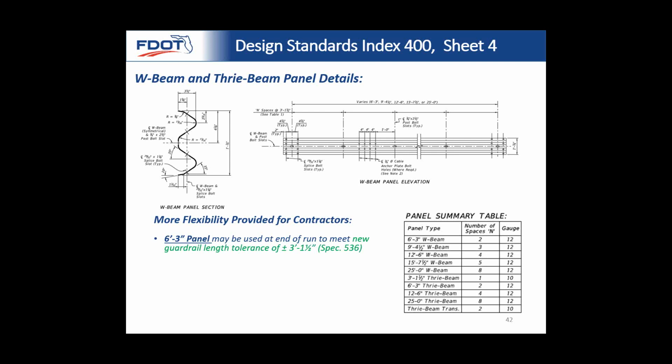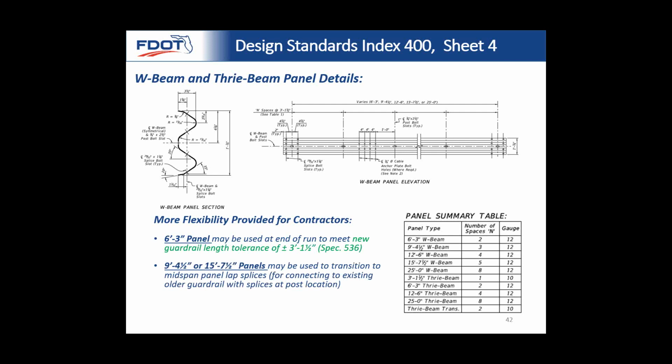So the point is that the engineer, for like an urban setting where you're really trying to fit the guardrail, could override that tolerance and make it tighter where practical. So it's just common sense. If you really need to fit guardrail in somewhere, you're going to need to be a little more careful about making that thing fit, and the designer can generally make it fit properly. And a shorter run of guardrail is not going to have that much of an effect that can't be accounted for in the design plans.